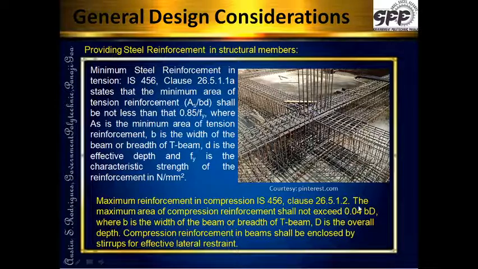Now if I look at 0.04, this is nothing but 4 divided by 100, which means 4%. That means 4% of the area, that is the width multiplied by the overall depth, width and overall depth, that is the gross area, 4% of the gross area.